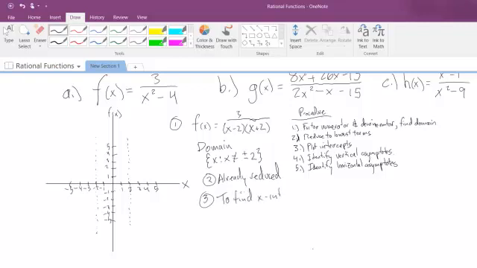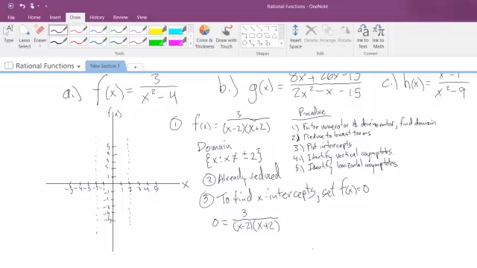So, to find x-intercepts, how did we do that? You set y equal to 0, or in this case, f of x equals 0. Well, I have f of x on the left side. I'm going to set it equal to 0. And we have 3 over the denominator. When is this fraction equal to 0? As you've had practice with rational functions, it's only equal to 0 when the numerator equals 0.